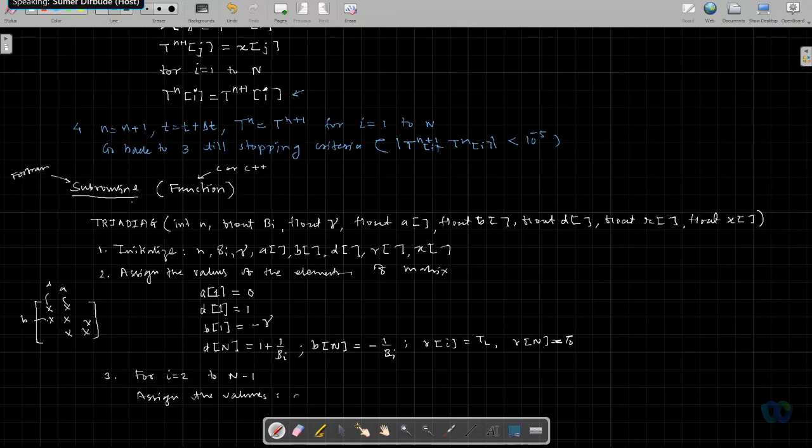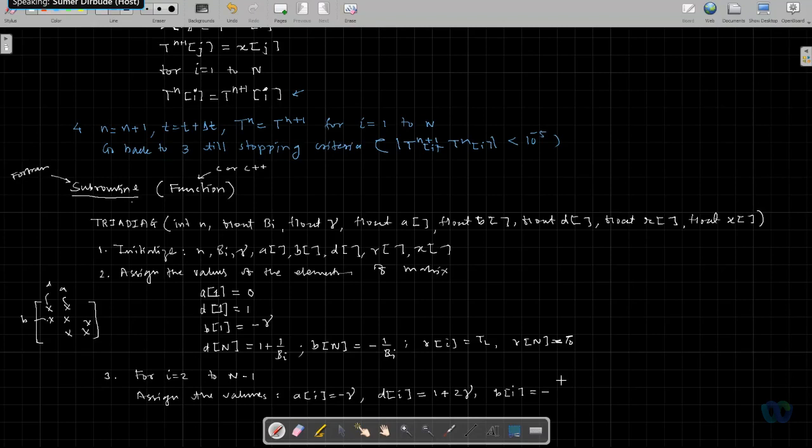Assign the values of ai equal to gamma. This is fixed. Di's, you will see mostly they are of this nature, 1 plus 2 gamma, and all bi's till n minus 1, they were also gamma or negative gamma?